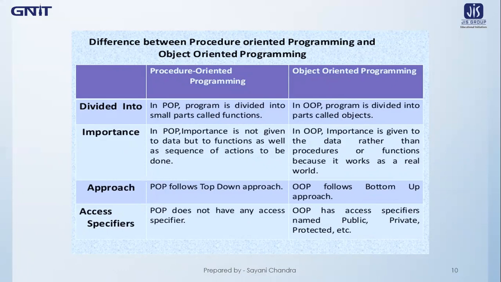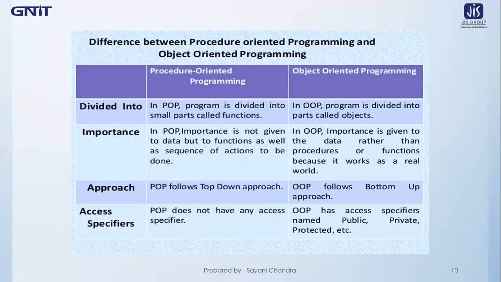Now let's discuss the difference between the two languages or two programming techniques. We know that in procedure oriented programming, which is also known as POP, the program is divided into small parts called functions or procedures.